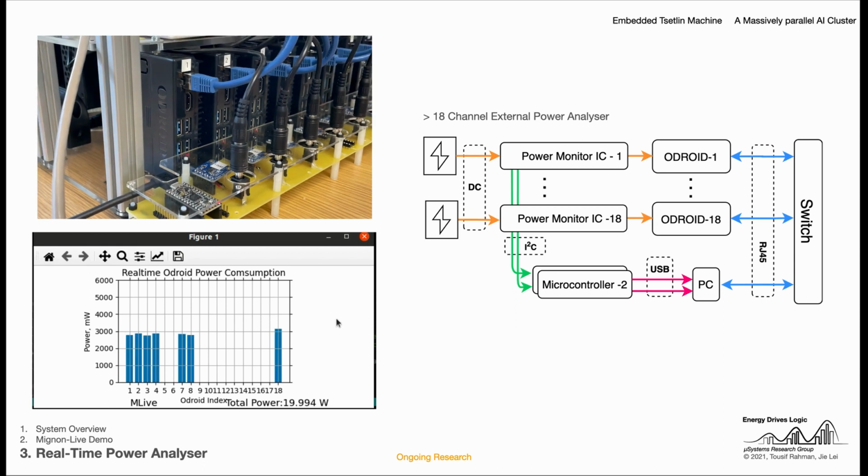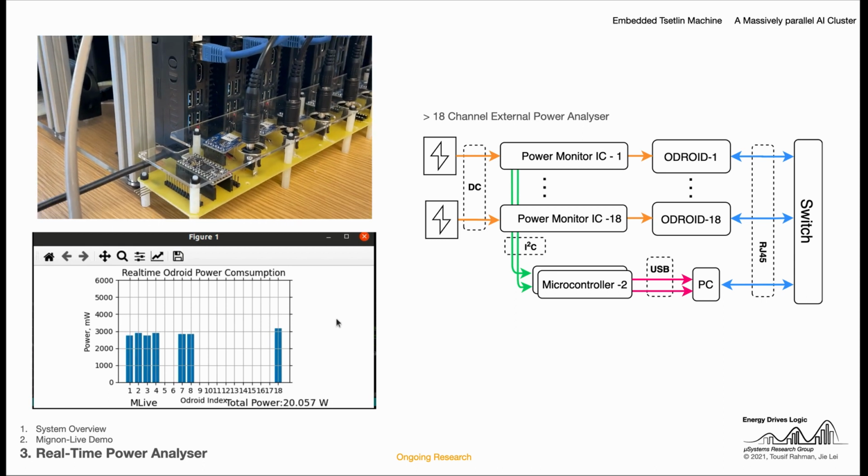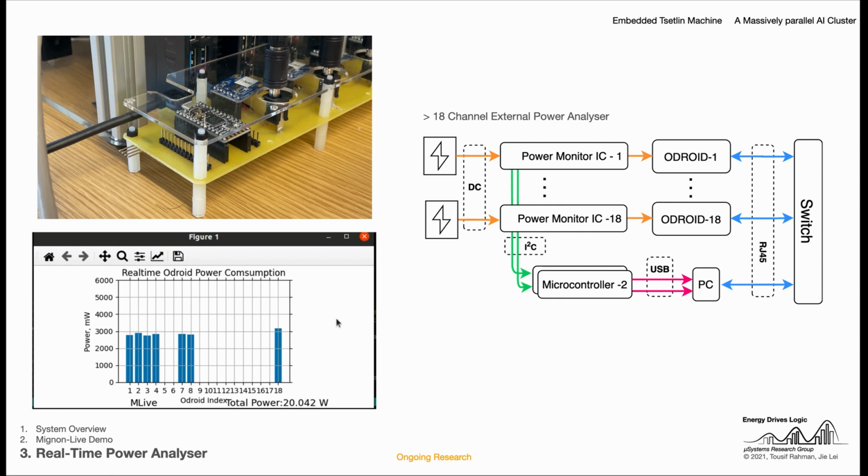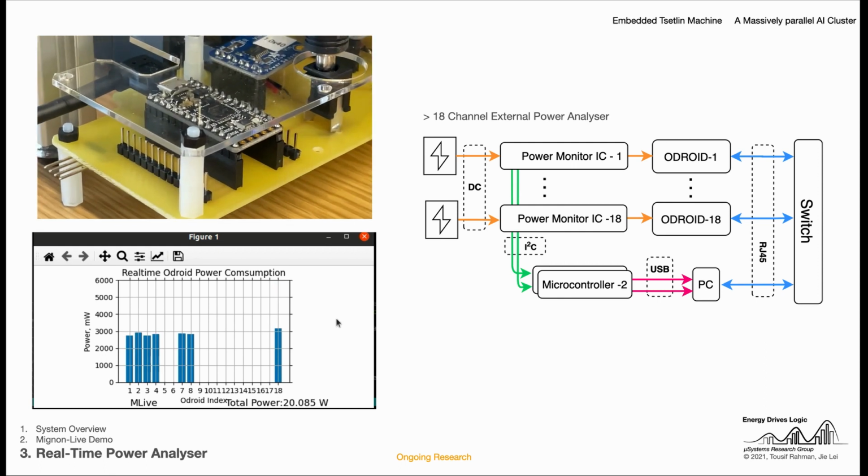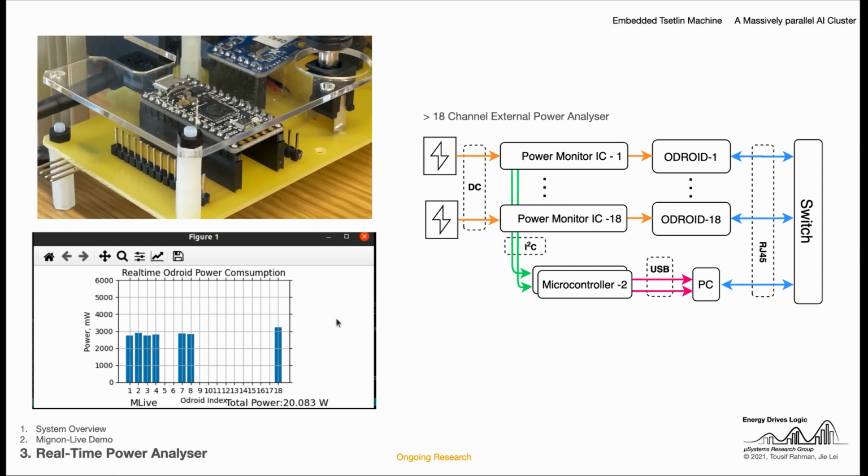This information will also be fed into the microcontroller, and the microcontroller is connected to a PC to report the real-time power consumption of each ODROID. As you can see in Figure 1 in the left corner, we're measuring 7 ODROIDs and how much energy they consume. We can measure this information in real time and log it into our file system.